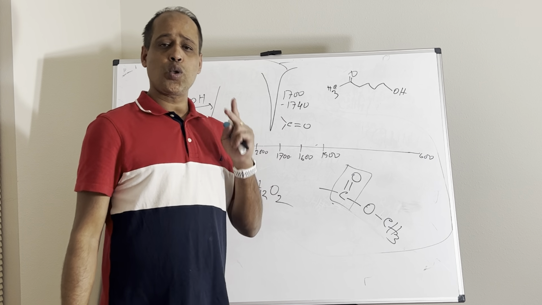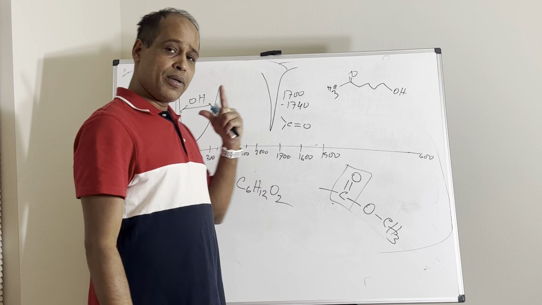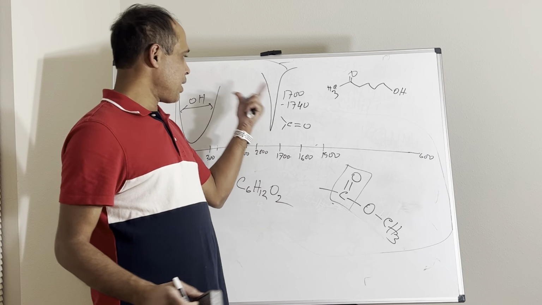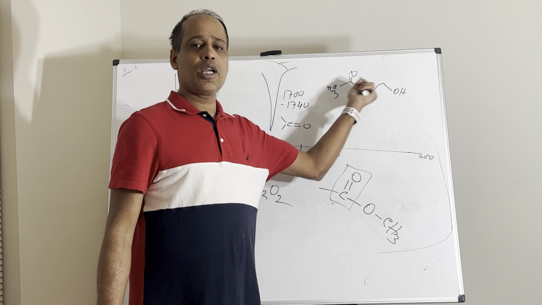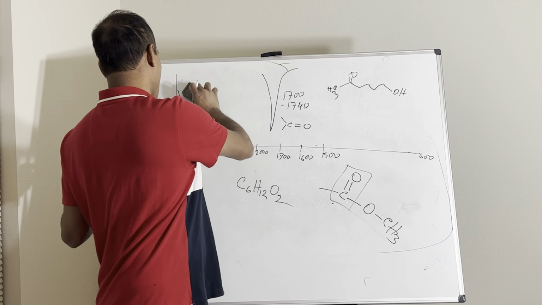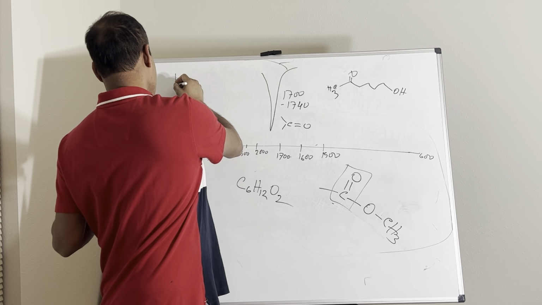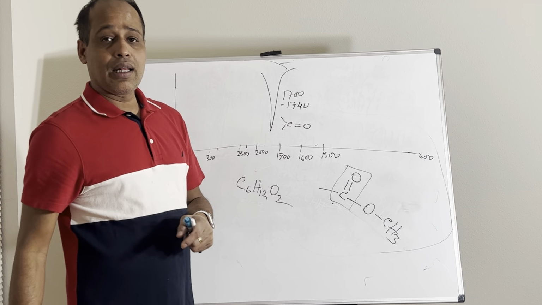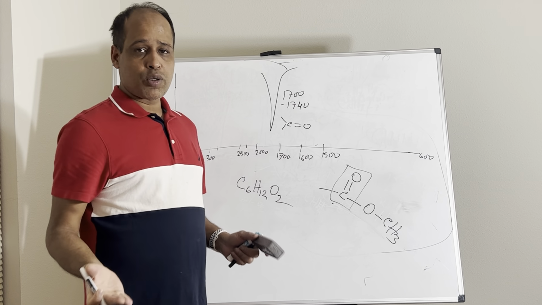So if you have two oxygens in your molecule, it could be the carboxylic acid, it could be the ester based on the pattern, and it could also be a ketone and alcohol. But if you don't see any alcohol peak here, then that option will not be possible.